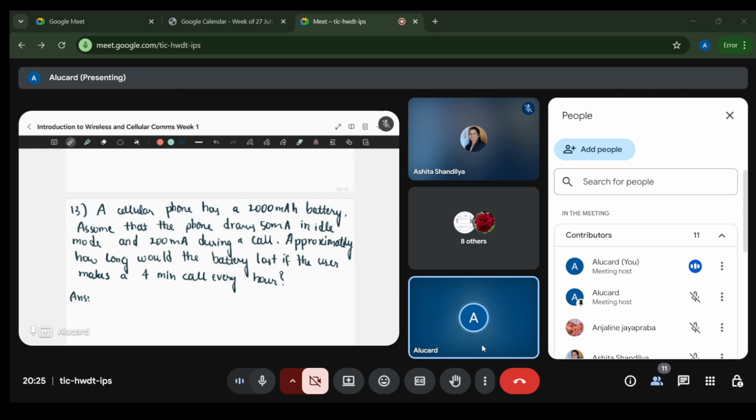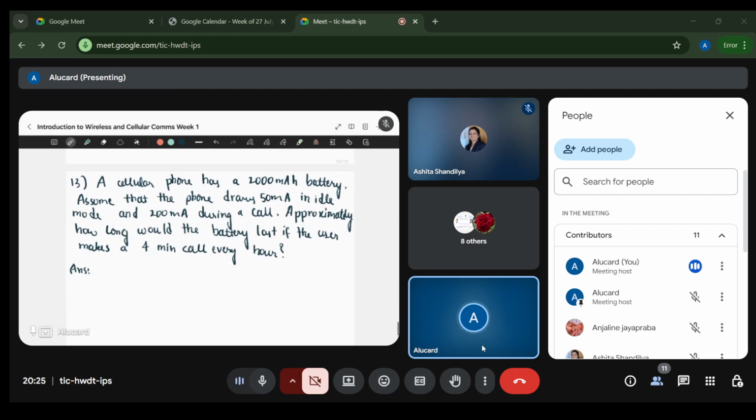So the capacity is given in terms of the product of the current drawn and the time in hours. They were given that every hour you have a call for 4 minutes, and when you are making a call you use 200 milliamps.